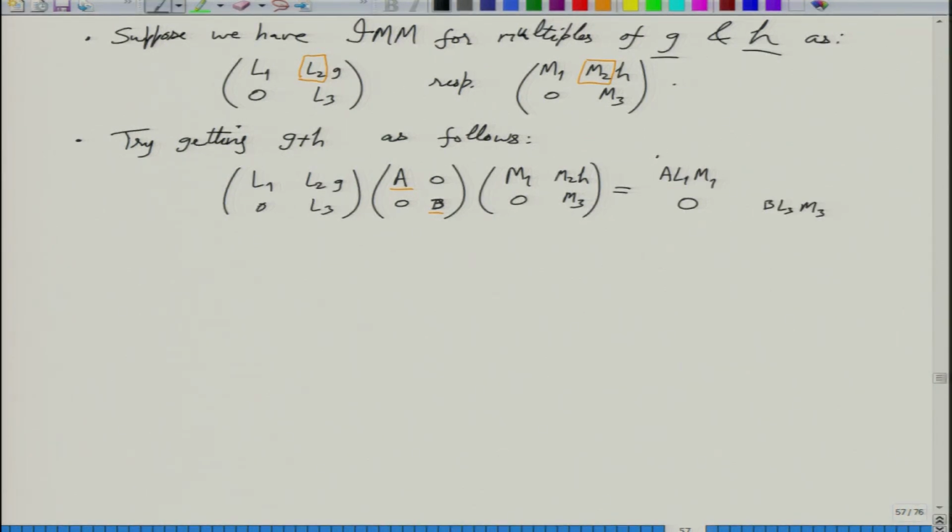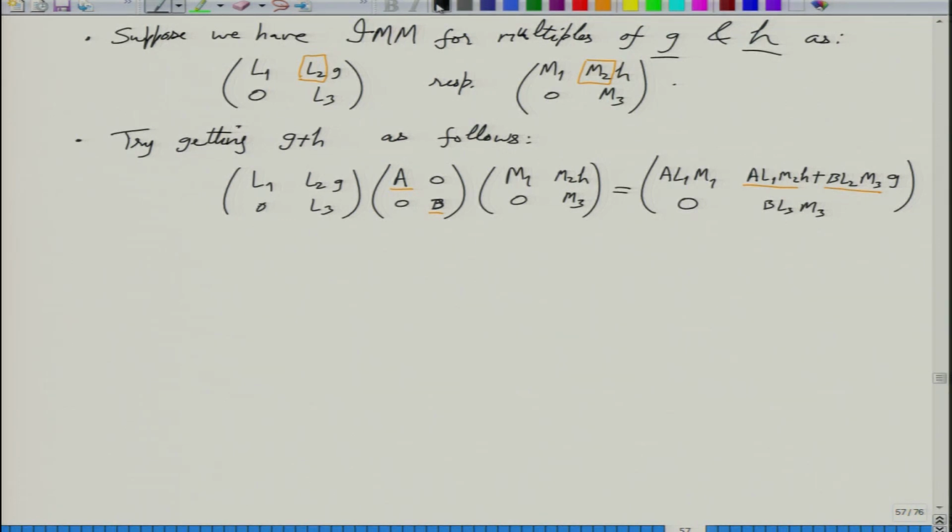So this is the garbage part. The interesting part is what you get here. That will give you an idea for A and B. So what should you pick A and B as? Making these equal. If you make them equal, then it's a multiple of G plus H.